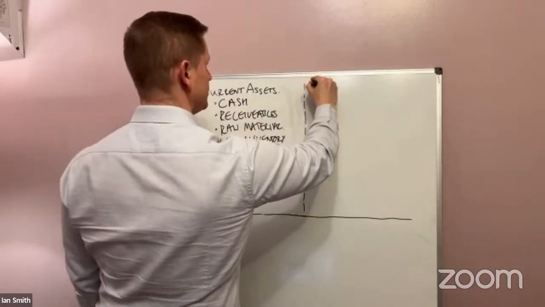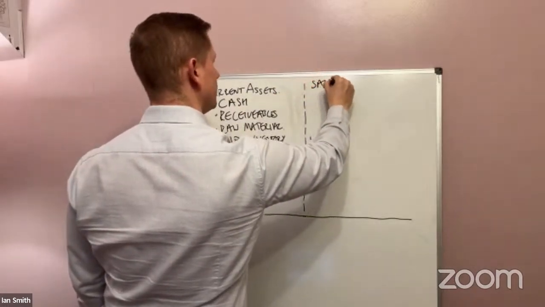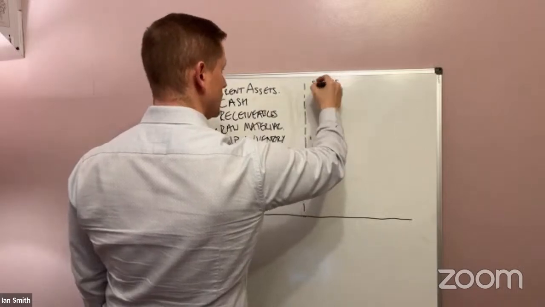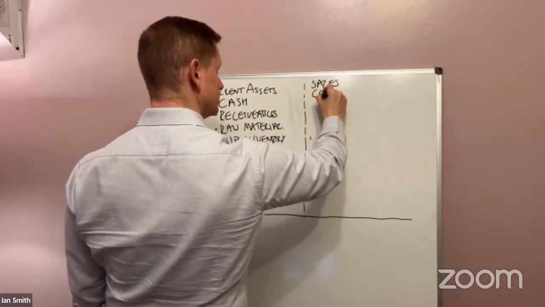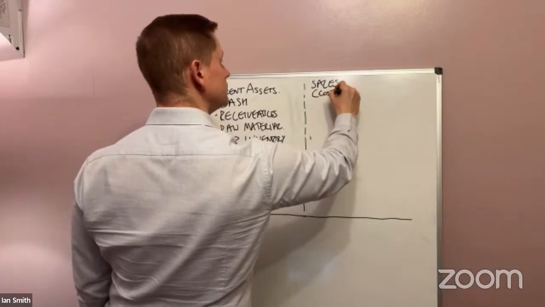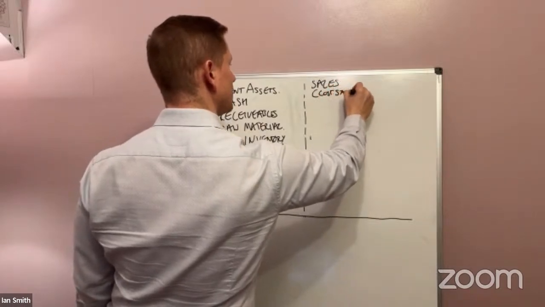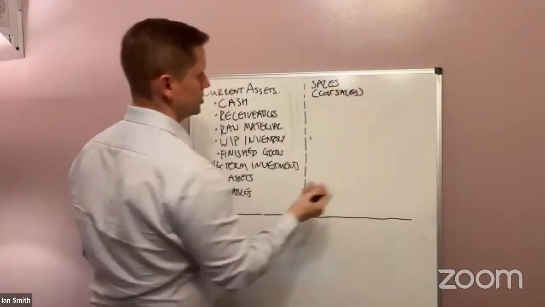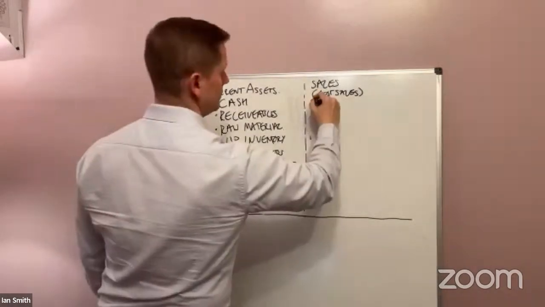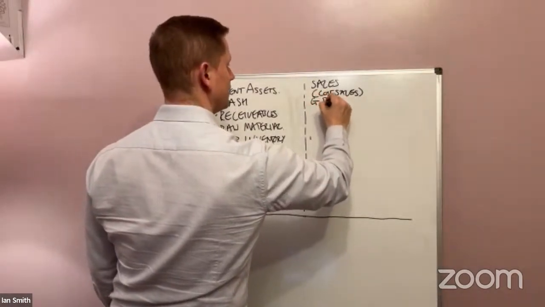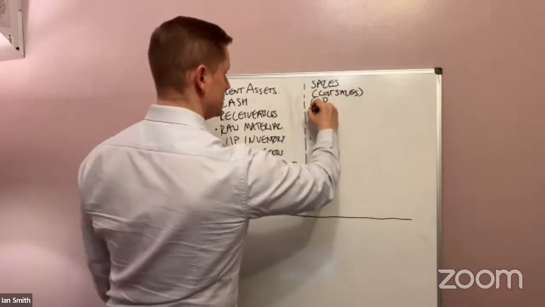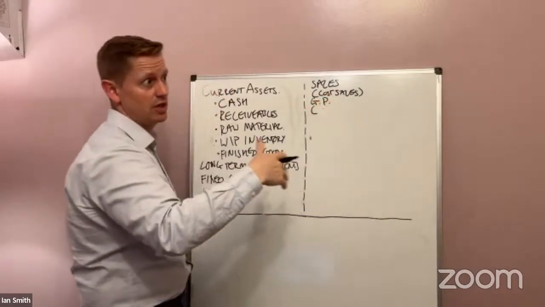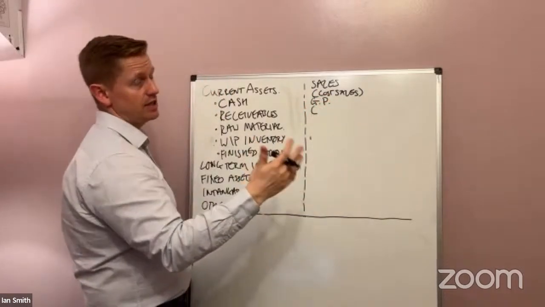So in profit and loss, you've got sales. You've got cost of sales. In brackets because it's going to be negative. You've then got gross profit. You then have expenses, or sometimes called sell general admin or SG&A.